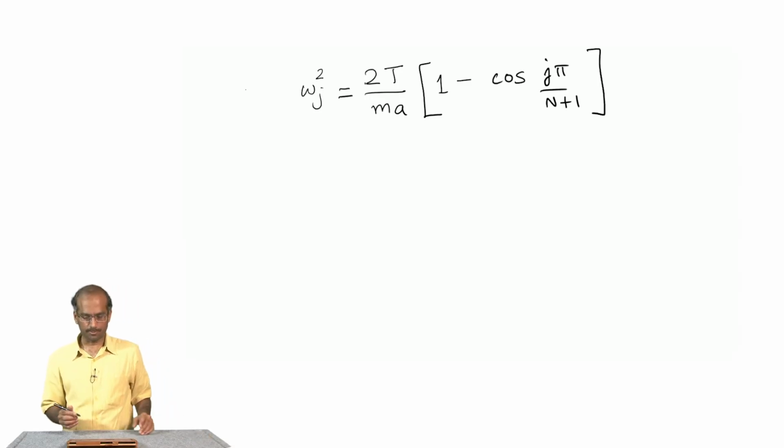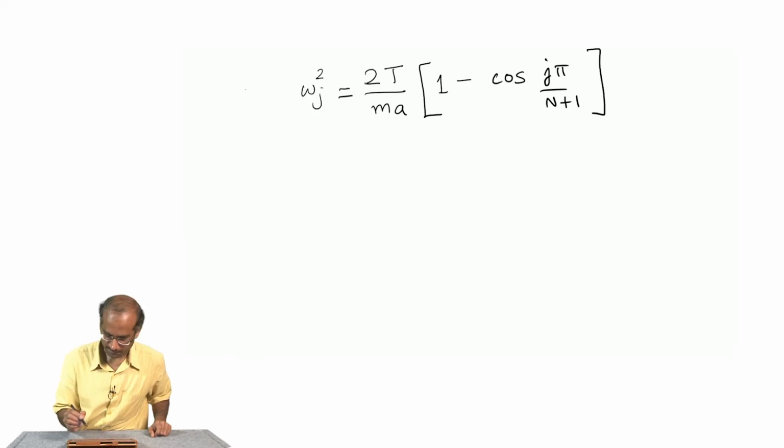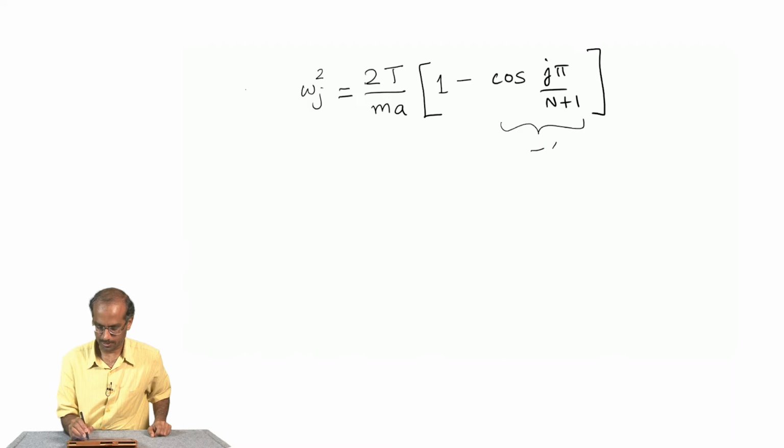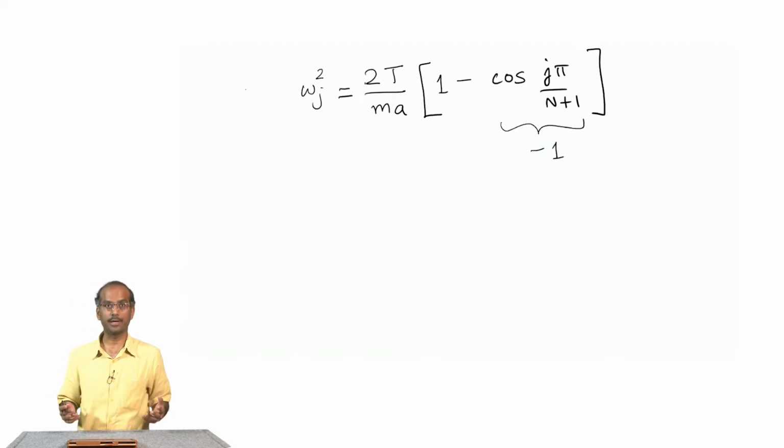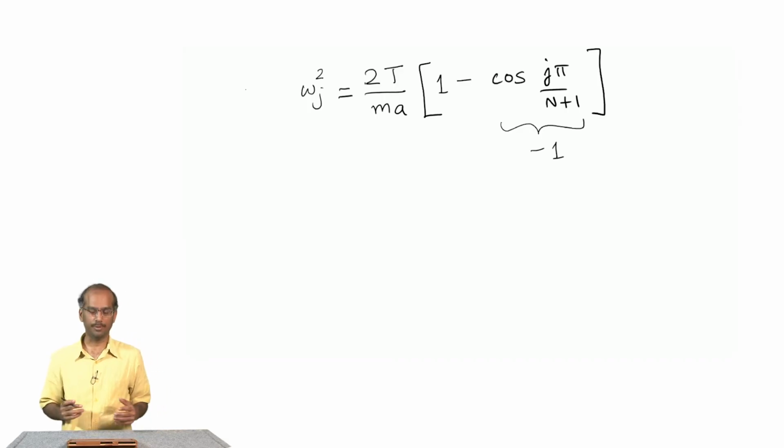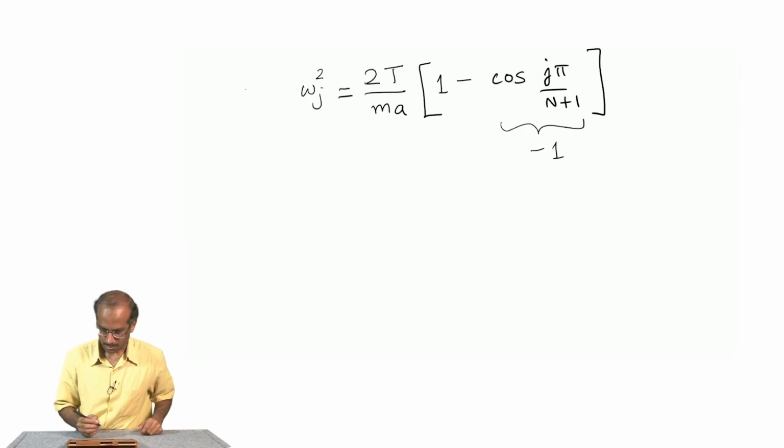It is easily seen from the formula that if this quantity is equal to minus 1, that is when omega j would be maximum, and that would happen if j is equal to n.